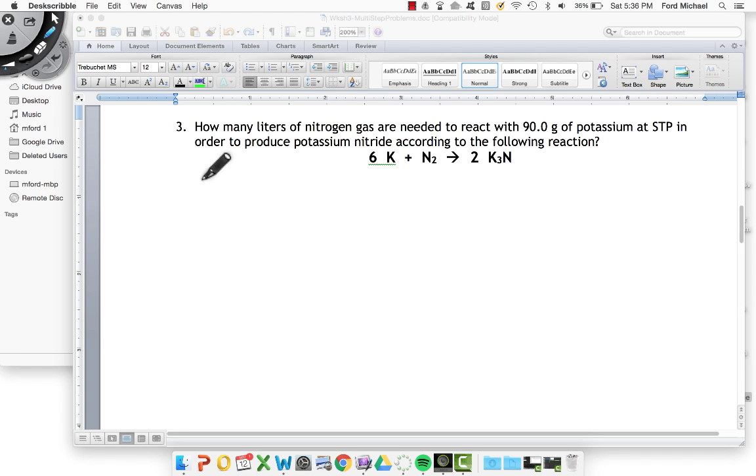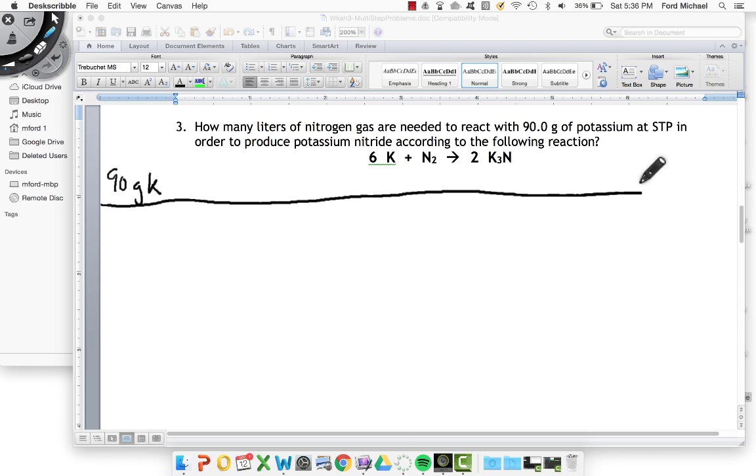We start here with 90 grams of potassium. We're in mass, and we need to get to moles of known. 1 mole of potassium has a mass of 39.1 grams.